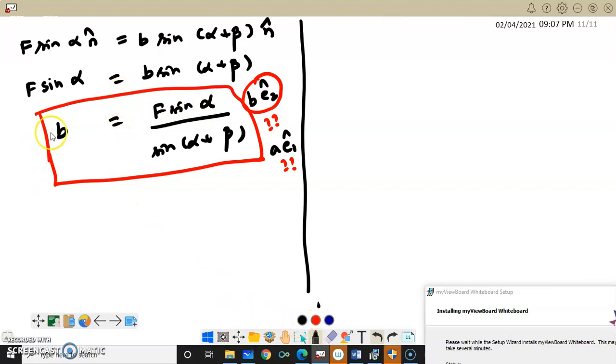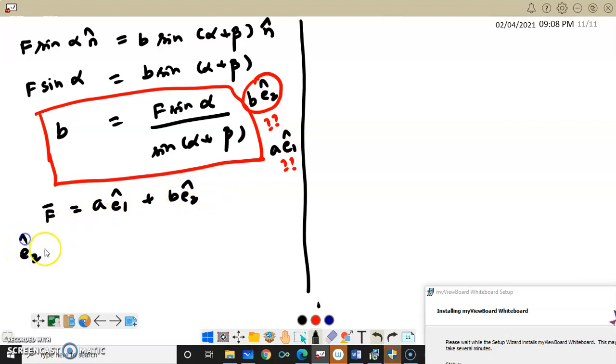So what we will get here is very easy. E2 cap cross F vector. What is my F vector? F vector is nothing but A E1 cap plus B E2 cap. And I am going to multiply vectorially by E2.